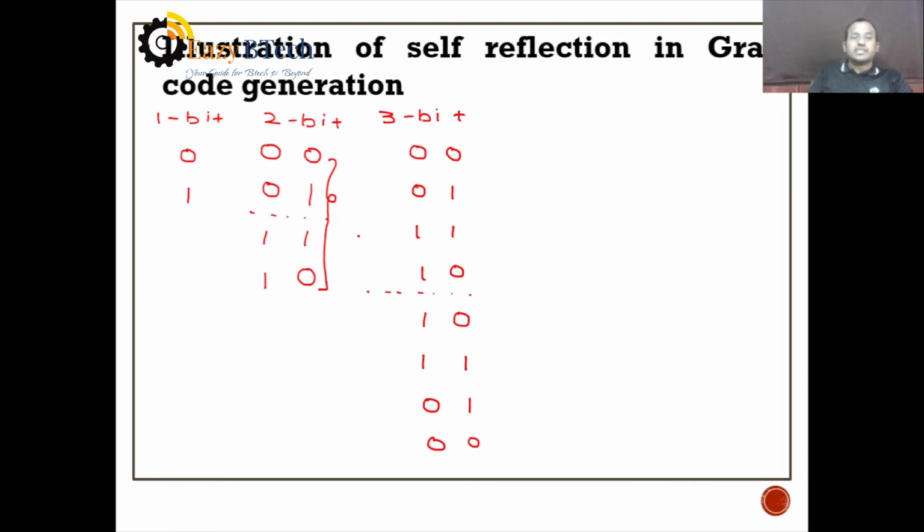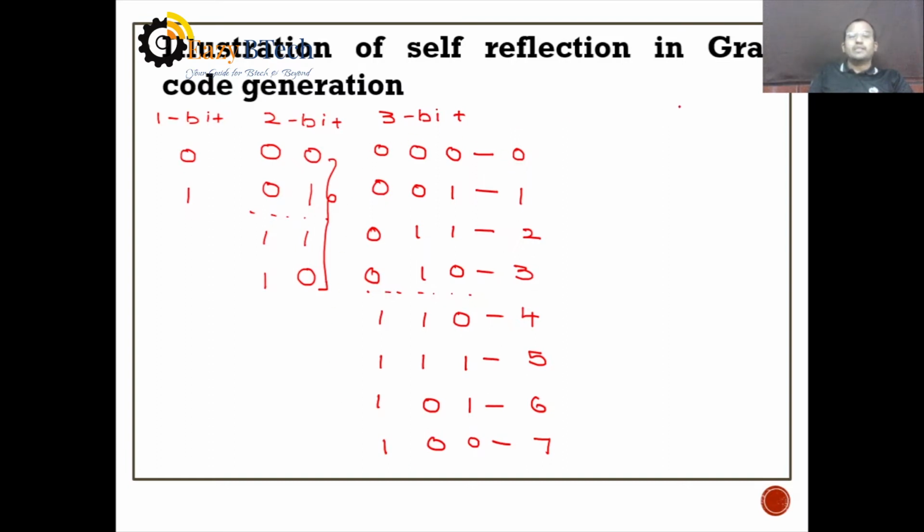Next, for the first half we append 0, and for the second half we append 1. So this represents 0, this represents 1, 2, 3, 4, 5, 6, and this represents 7. For the decimal digits 0 to 7, these are the 3 bit gray codes.